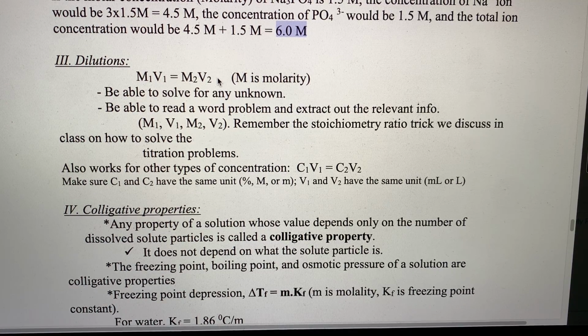When you add more water to the solution, it becomes more diluted and the concentration decreases. If you evaporate the solution, you get rid of the water or the solvent. The volume goes down, so the concentration goes up and it becomes more concentrated. It works for molarity, and it also works for other concentrations, such as percentage, ppm, and ppb.